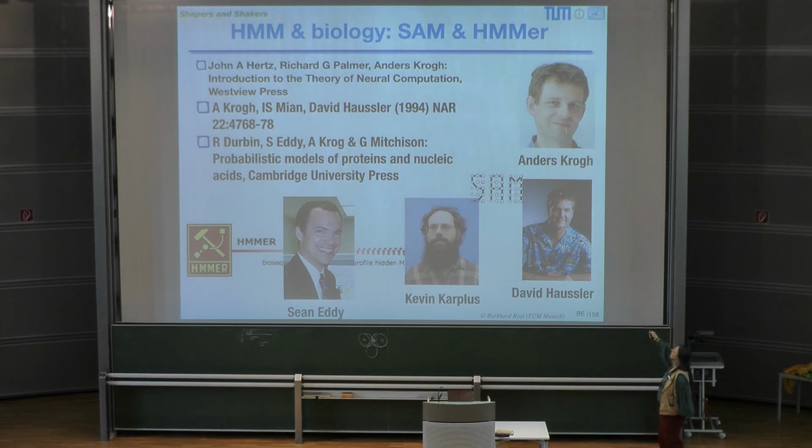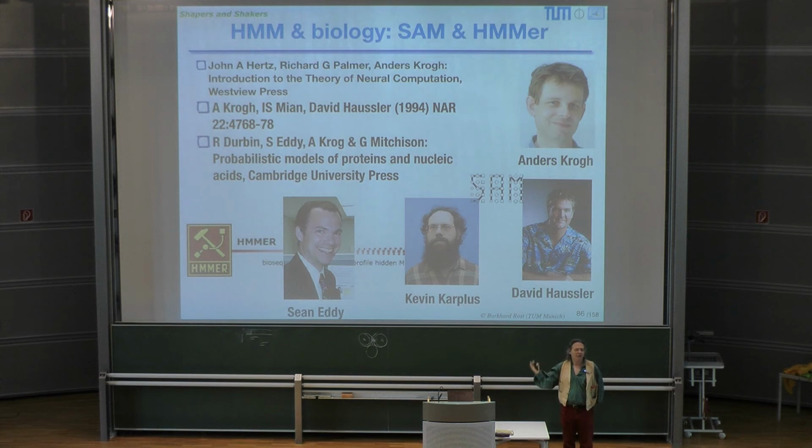originally through Anna Schroch, who visited Santa Cruz, University of California, Santa Cruz, and visited David Hausler, and David Hausler was a theoretical physicist, interested in algorithms and machine learning and the like.